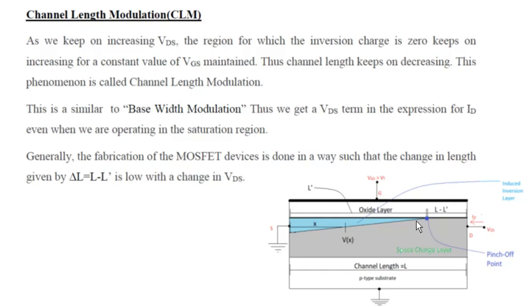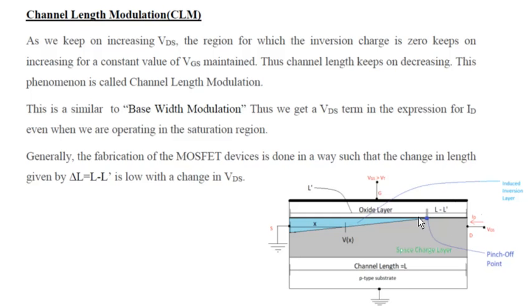That means pinch-off will occur. That phenomenon is called channel length modulation. Even though the channel length keeps on decreasing, we have an increase in current. So that is called channel length modulation.